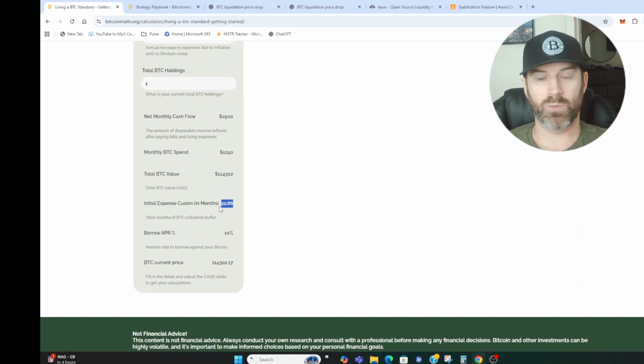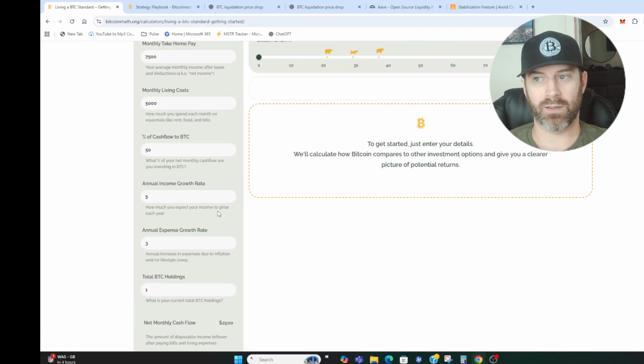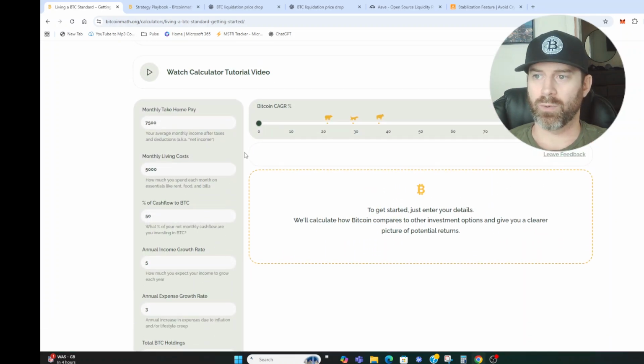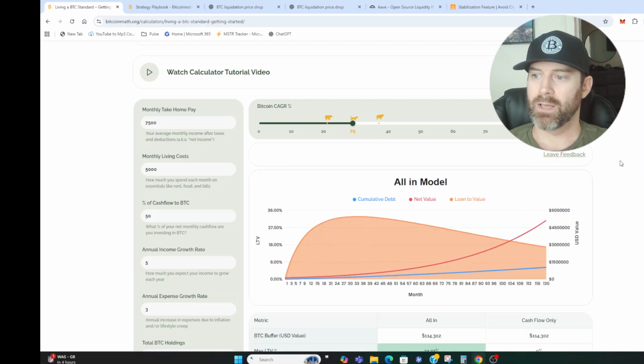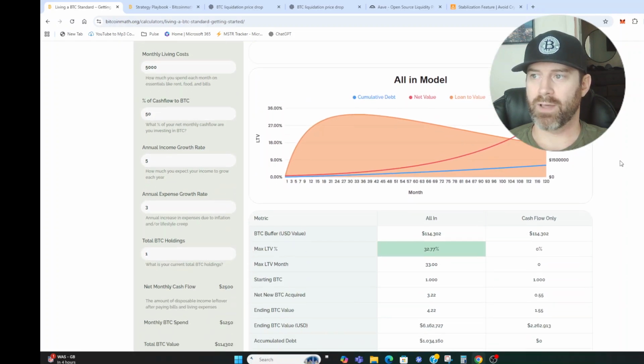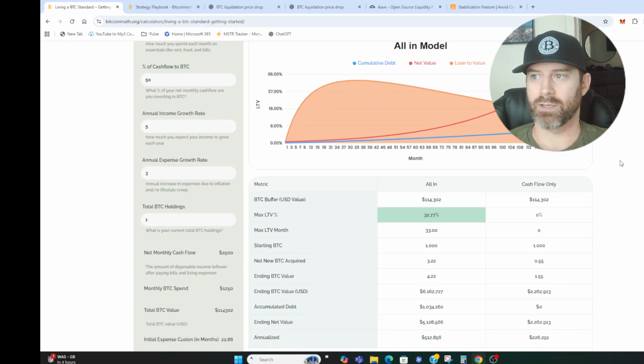Well, it's 22.86, and that's going to play into the equation here. So what do we think the Bitcoin CAGR is going to be for the next 10 years? I'm going to go ahead and say Saylor base case. Okay, so once you do all of that, the magic will happen, and the top chart is going to be the all-in model.